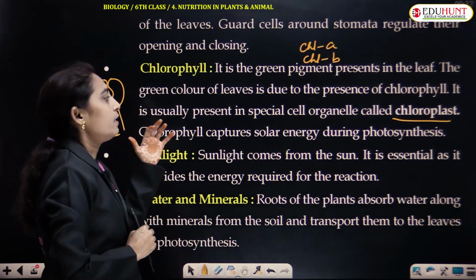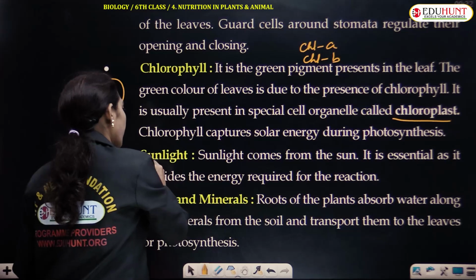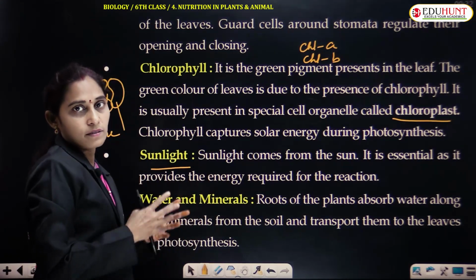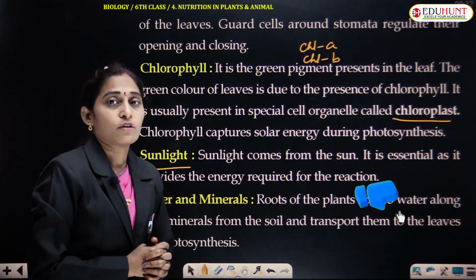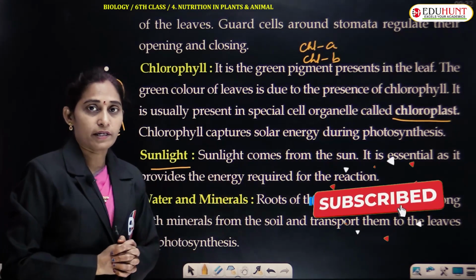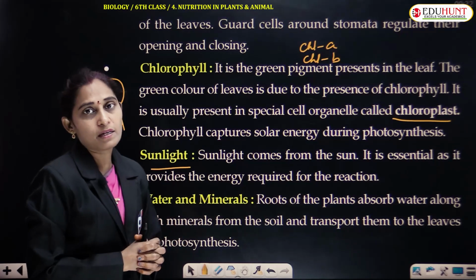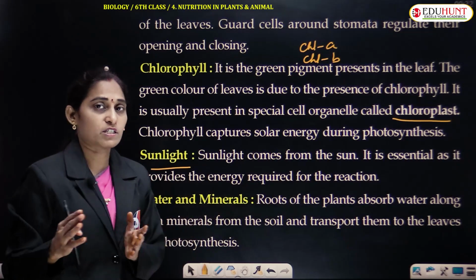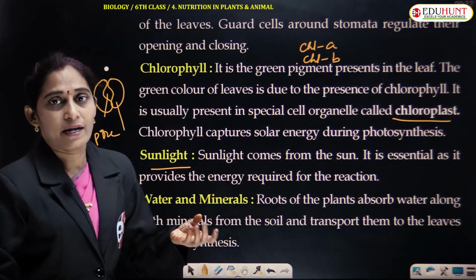And then, in addition to chlorophyll, what is required? Sunlight, from the solar radiation. Not all the radiation is important, only the visible radiation. The visible range is from violet to red.